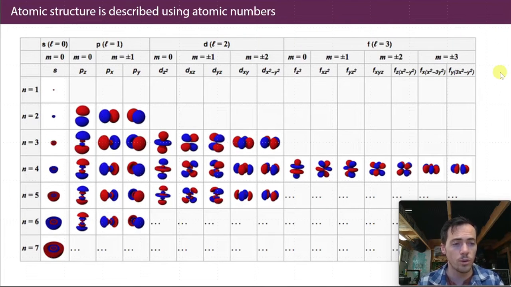With these 4, we can describe all these different structures, and there are rules. We know that n, the principal quantum number, can take integer values, but l can be integer values up to n minus 1, and then m sub l can be everywhere from negative l to positive l in integer values. There are these specific rules, but if you have those, all of a sudden we have a way of describing or featurizing the structure of the atoms, which is really great.